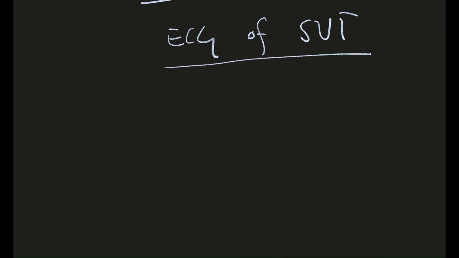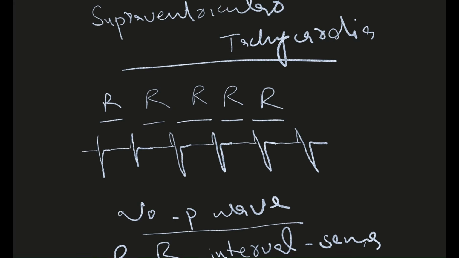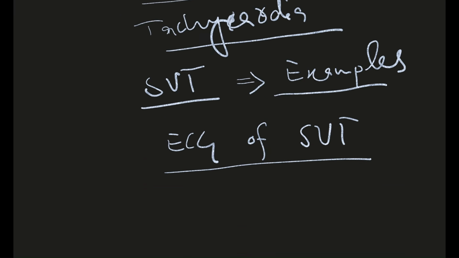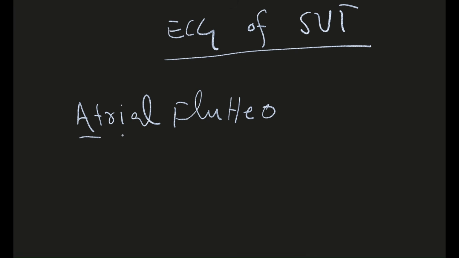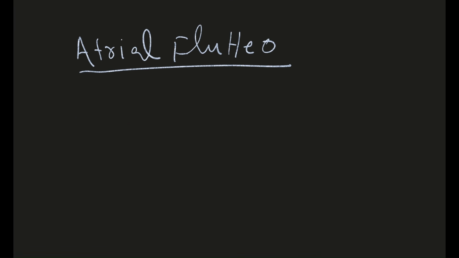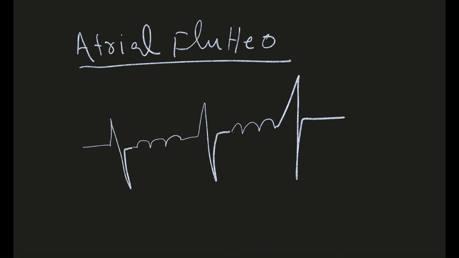Now, there is a very close condition to this tachyarrhythmia, that is atrial flutter. Now, atrial flutter is a kind of ECG, when it comes in front of you, you cannot miss it. If I roughly draw a pattern of atrial flutter, this is QRS complex. This is sawtooth appearance, then again QRS complex, sawtooth appearance, QRS complex.